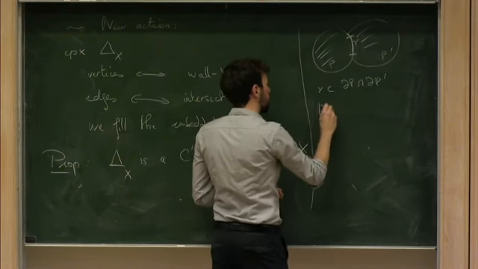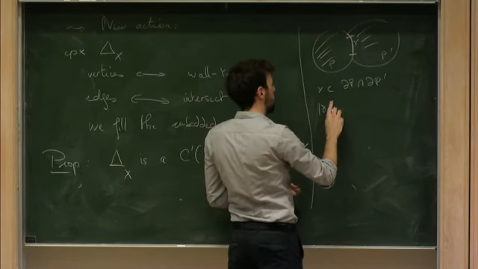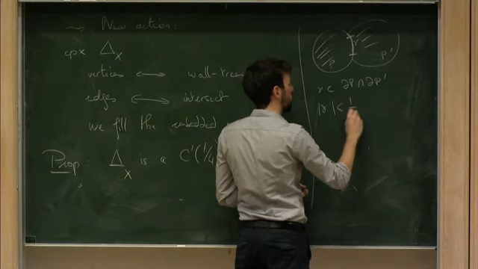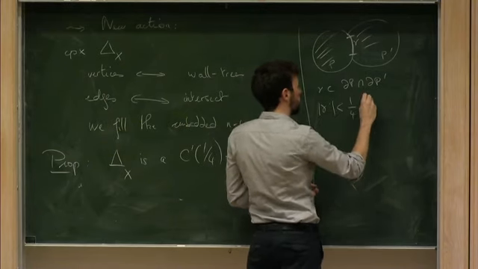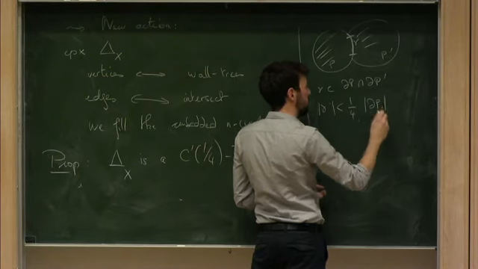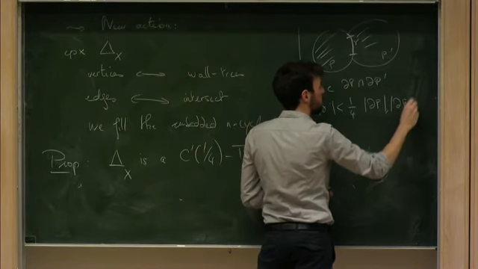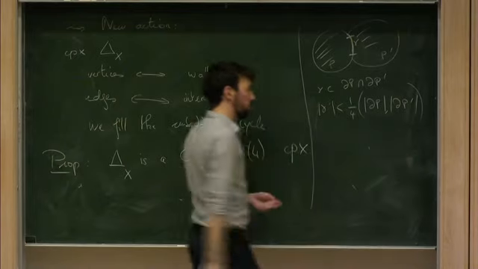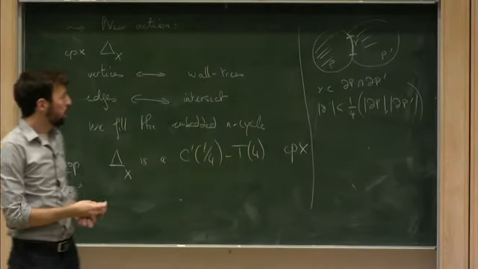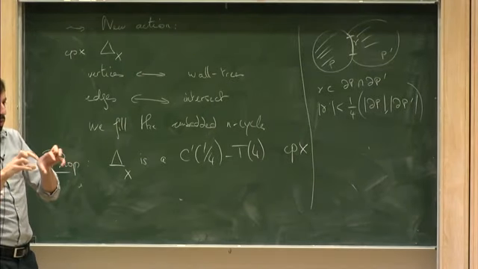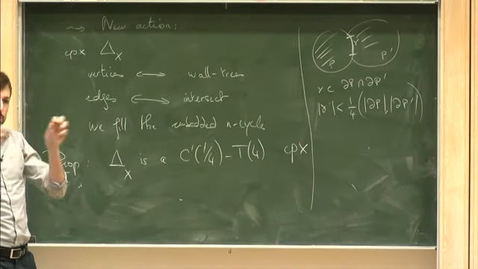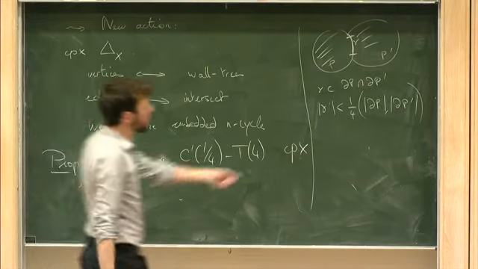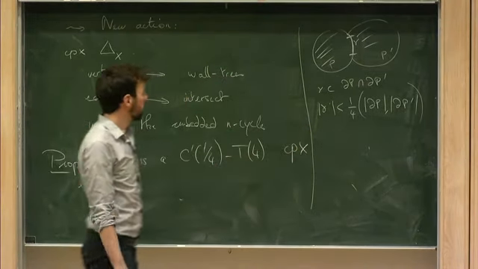You want the length of gamma to be strictly smaller than 1/4 of the length of P. Well, in that case, all the cells have the same perimeter. So the intersections of two cells are very small compared with the diameters, with a constant 1/4.